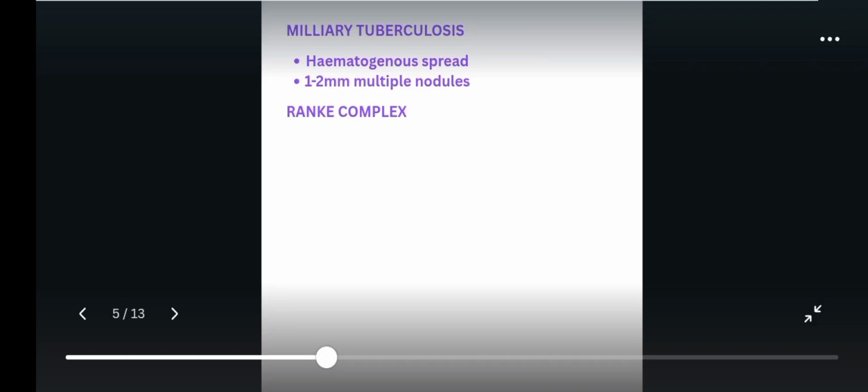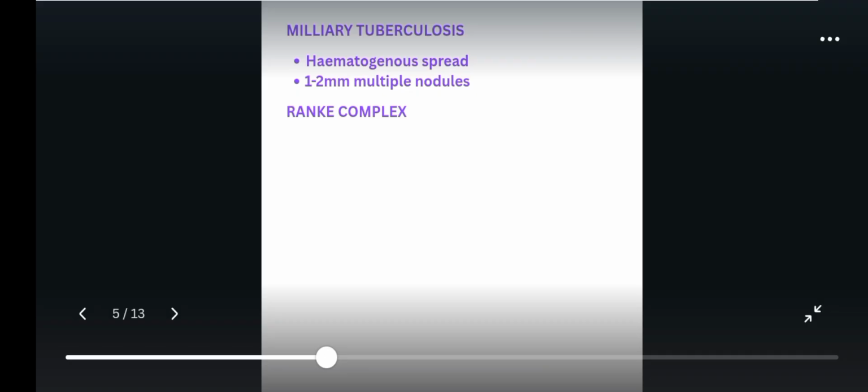The next one is miliary tuberculosis. There are two things to note about miliary tuberculosis. One, it is a hematogenous spread of TB, and two, you will see multiple 1 to 2 millimeter nodules in both lungs. So, pulmonary miliary tuberculosis is a consequence of hematogenous spread of organisms to the pulmonary parenchyma.